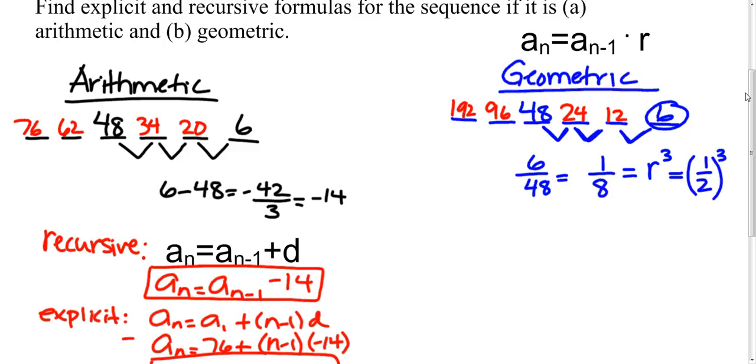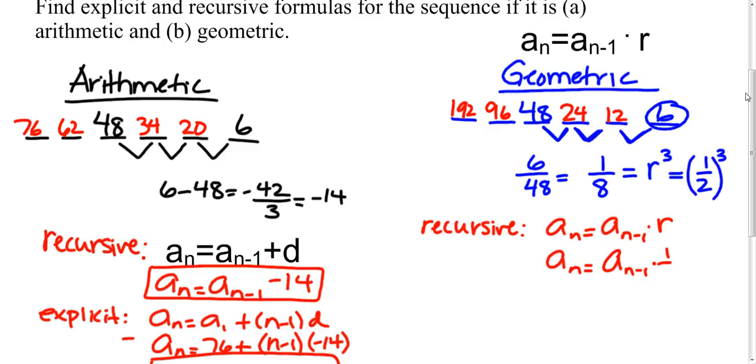Okay, so here we go. Let's do recursive. Recursive is a_n equals a_(n-1) times r. So in this case, that would be a_(n-1) times 1/2. And again, you're probably going to make that prettier and put the 1/2 in front so that it looks like that.